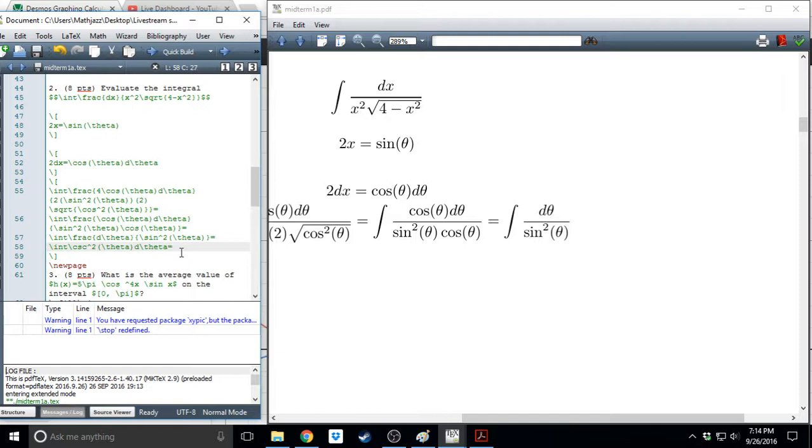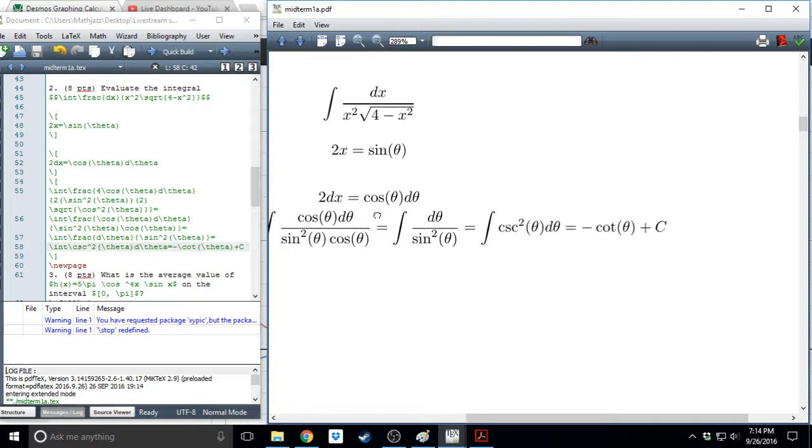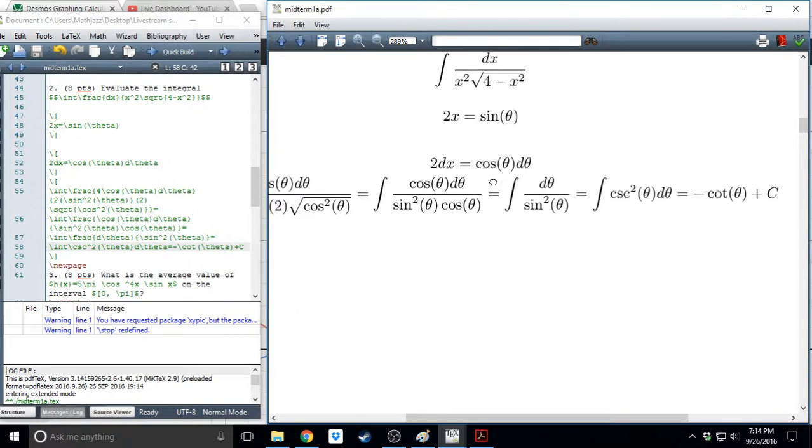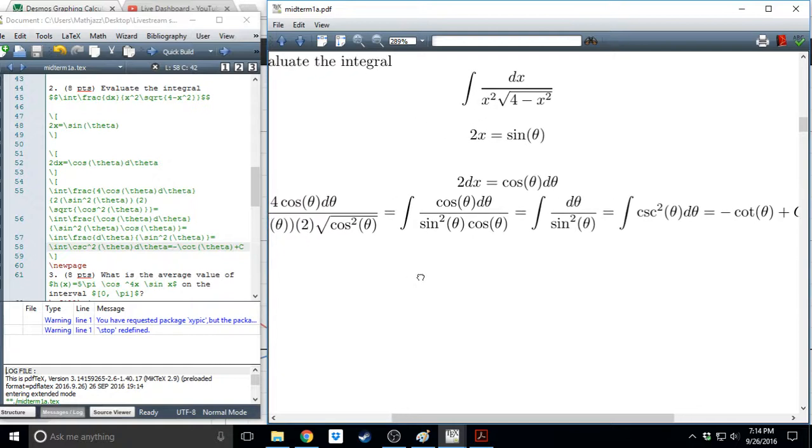And we know that the antiderivative of cosecant squared theta is going to be negative cotangent of theta, plus a constant. Here we go. So we use this trig substitution.